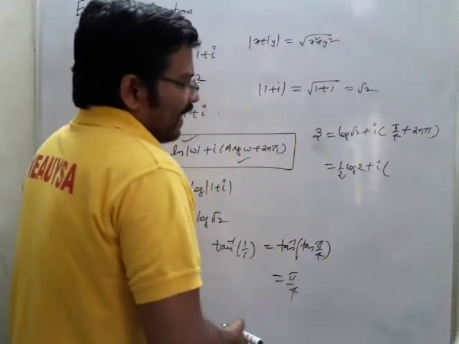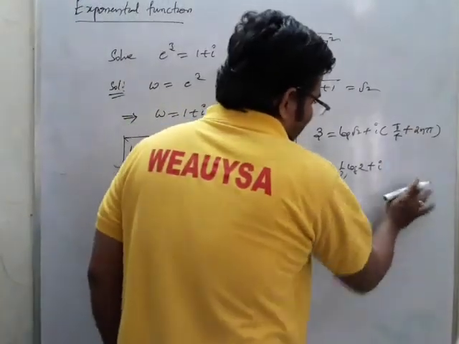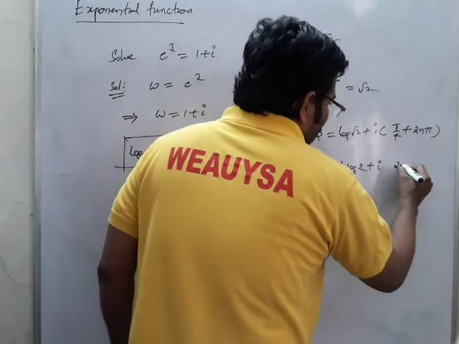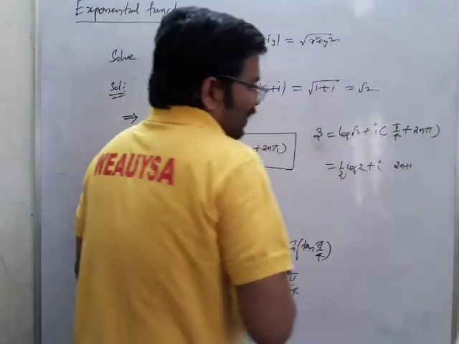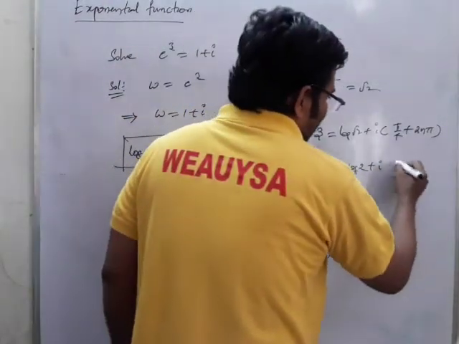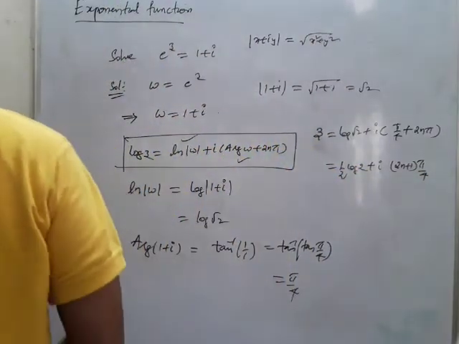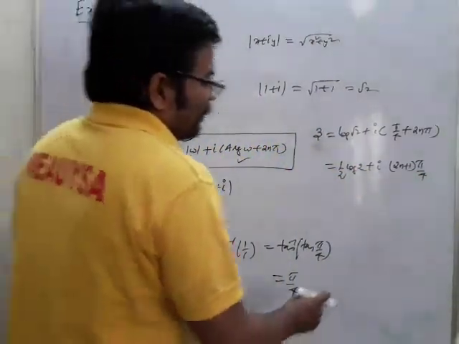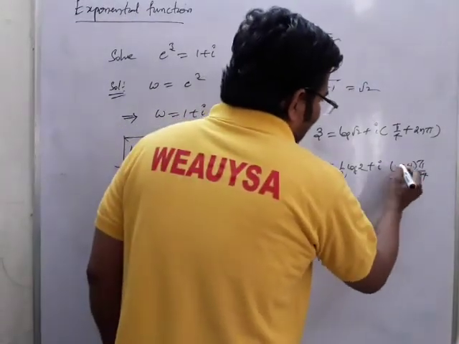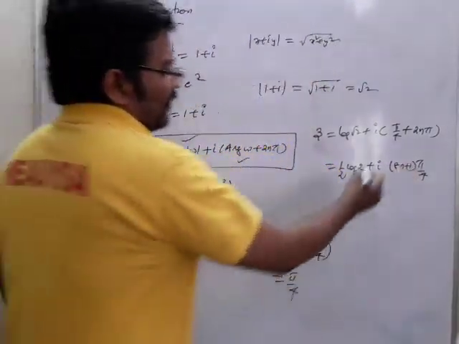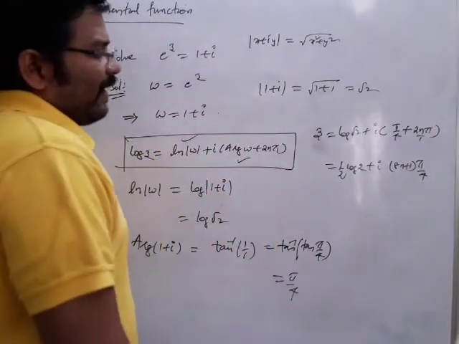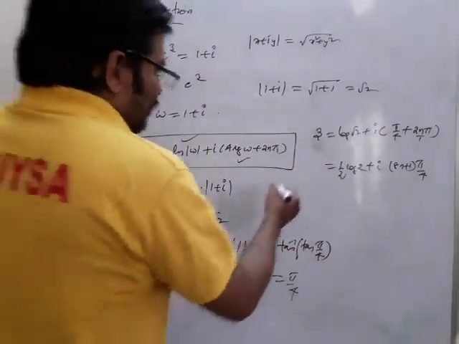If you calculate, I may take it as 2n plus 1 pi by 4. If I write like this, that is also correct. Or you can say this is 8n plus 1 pi by 4, because if you take LCM 4, 8n plus 1 pi by 4. Now this is z.